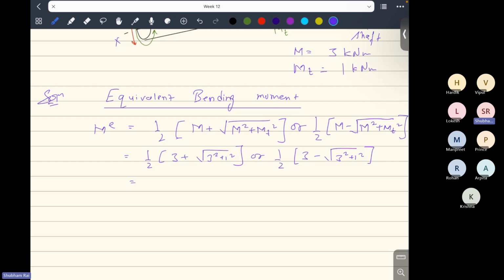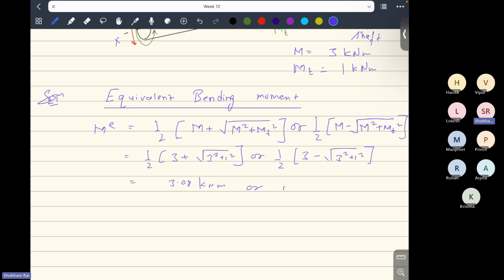So can you calculate? That will be square root of 10, so that will be 3.08 actually, kilonewton meter, or this will be square root of 10 plus 3 divided by 2.